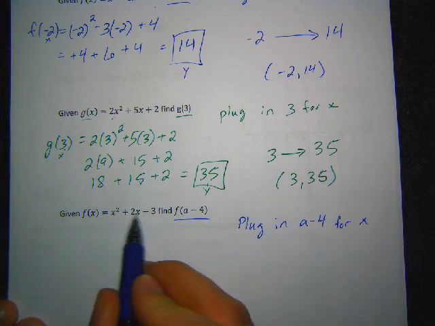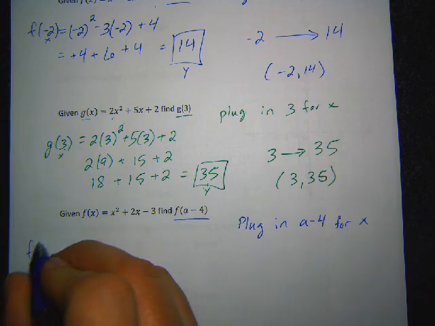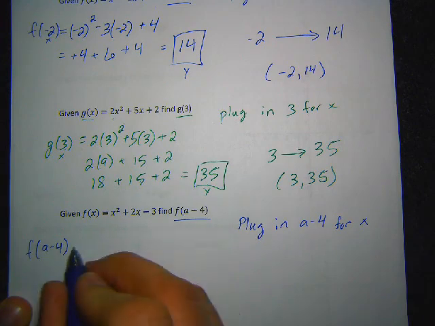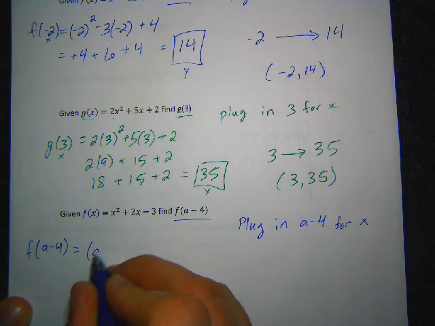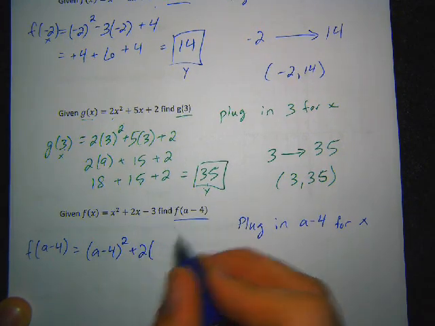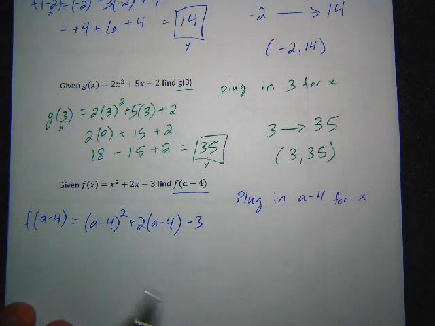So every time we have an x, we're going to replace it with a minus 4. So f of x is going to become f of a minus 4, because we're replacing x with a minus 4. Now this x squared becomes a minus 4 squared plus 2 times a minus 4 minus 3. So we plug that in.